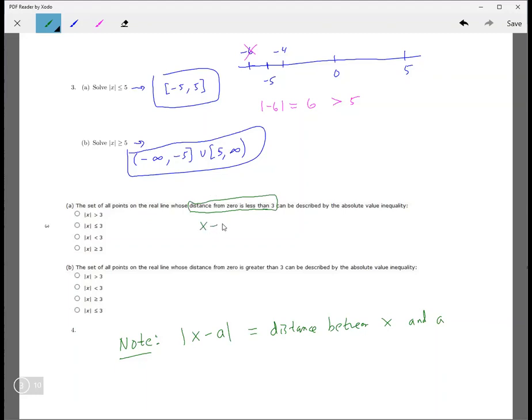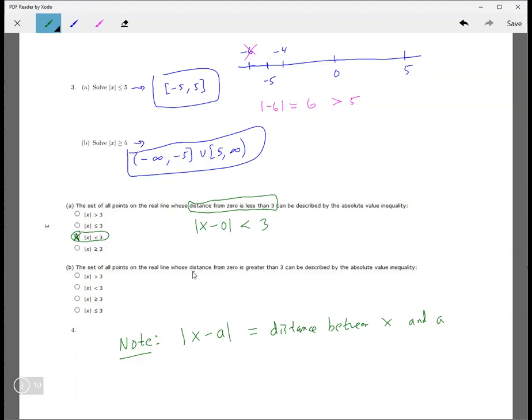Okay, this is the distance between x and 3, and you want that to be less than 3, so you force it to be less than 3. And so that's why this answer is going to be the correct answer, because that simplifies down to the absolute value of x is less than 3.